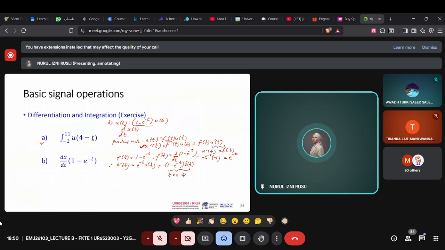Whenever you replace the t with 0 in 1 minus exponential minus t, exponential 0 is 1, so 1 minus 1 is 0.